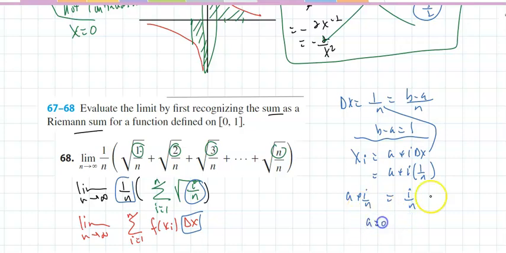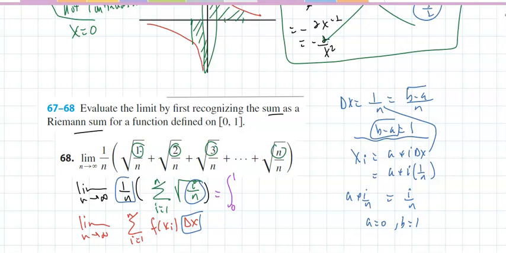Doesn't that mean that a must be 0? There's no a there. And if a equals 0, and I know the length of the interval is 1, doesn't that mean b equal 1? And isn't that a Riemann sum? What does that mean? Instead of doing this work, can't I say this is actually by the Riemann sum, the theorem 2 was it, or definition 2? This is the integral from 0 to 1.